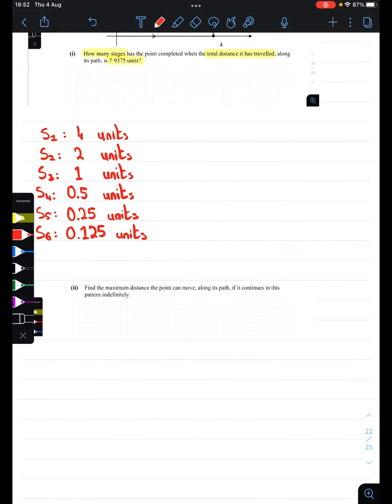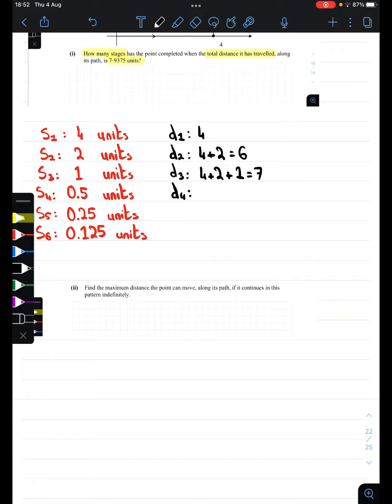Okay, so let's just count these up. Let's call this D1: after 1 stage, he's traveled 4 units. After 2 stages, he's traveled 4 plus 2, 6 units. After 3 stages, 4 plus 2 plus 1, 7 units.